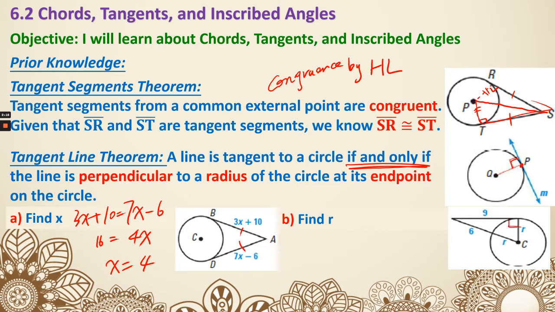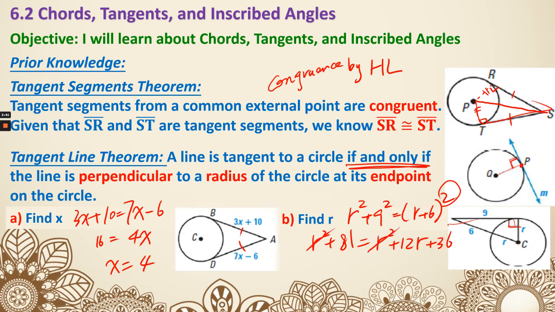Question B, r is the radius. Because that's a tangent, we have a 90 degree angle and the Pythagorean theorem that we can use for the right triangle. So r squared plus 9 squared equals the hypotenuse, r plus 6, being squared. So r squared plus 9 squared, remember, 81. Remember to write it twice, so you need to distribute. That's going to give you r squared plus 12r plus 36. r squared is going to cancel. 12r is left on the right side.